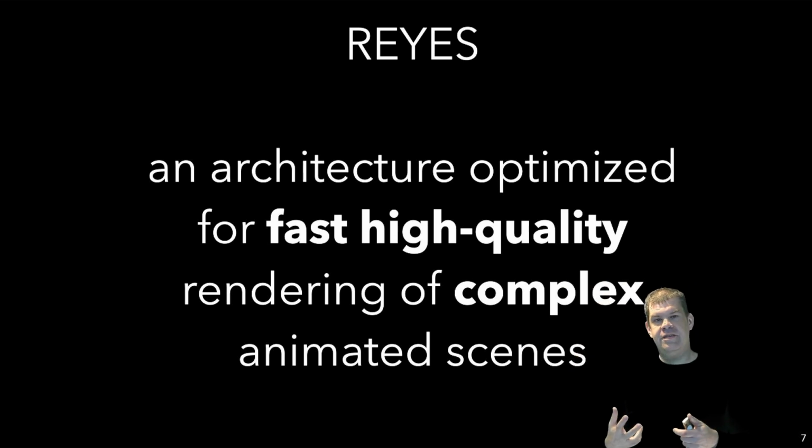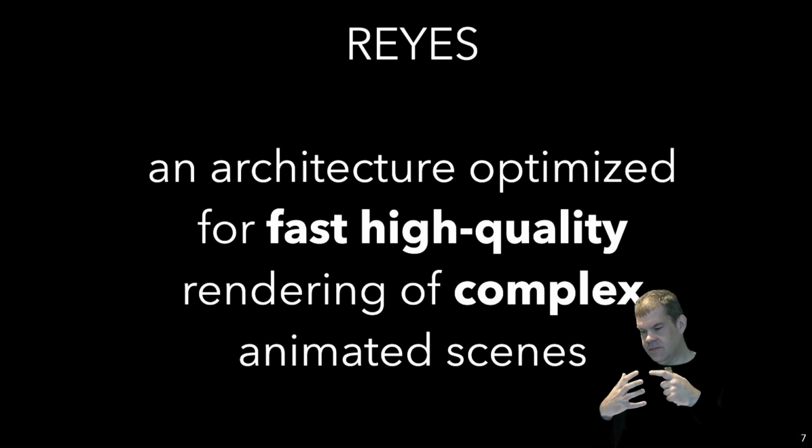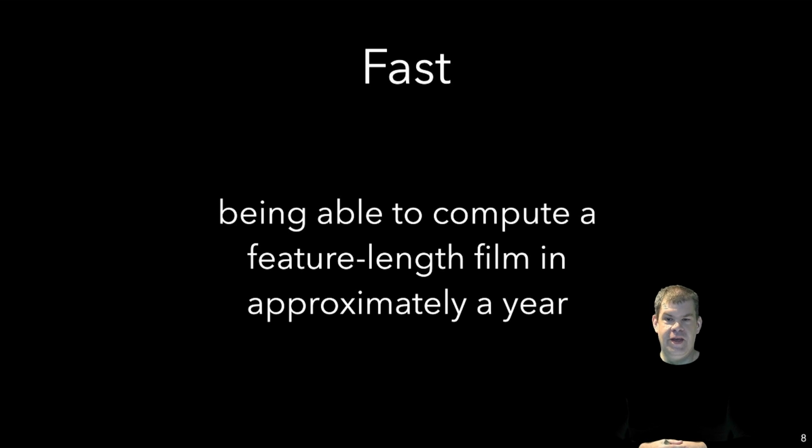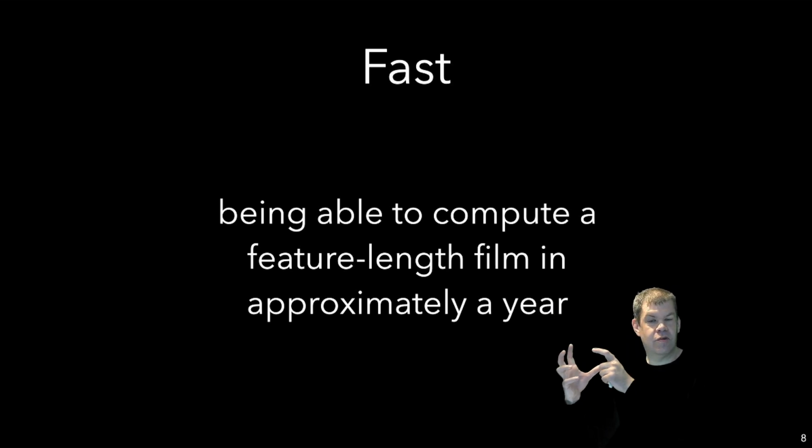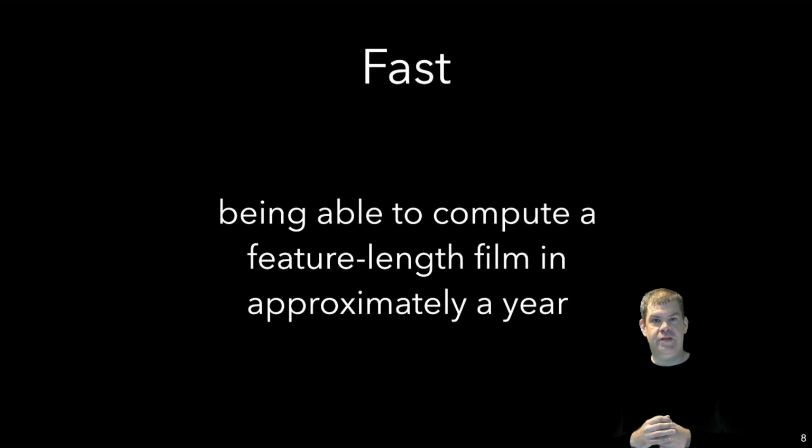And what I really like about this paper is that it goes on and defines pretty much any term that it uses. So for instance, it defines fast. Okay, and fast is not what you think fast might be. Fast is defined in the REYES publication as being able to compute, or render, we would probably say today, a feature-length film in approximately a year.